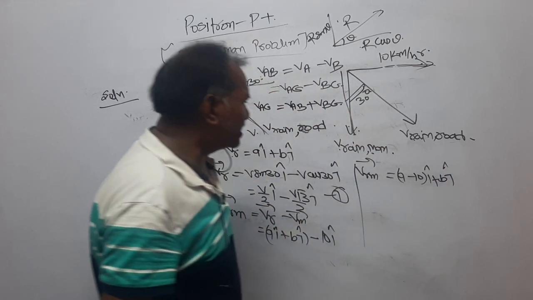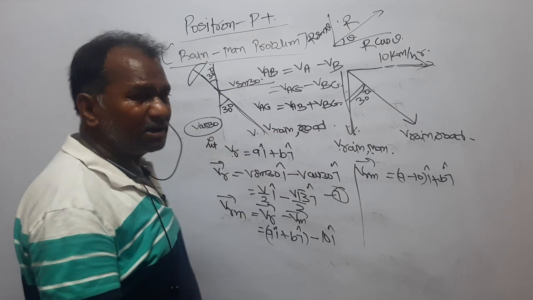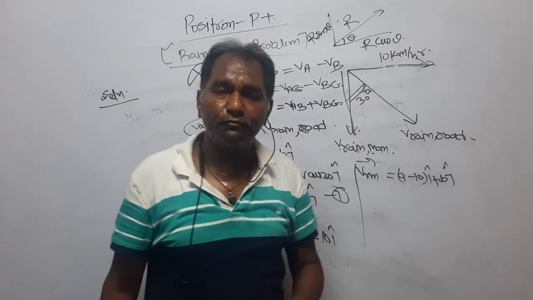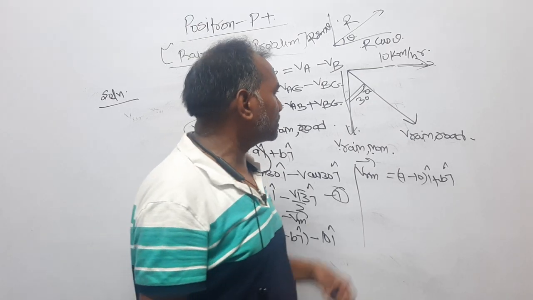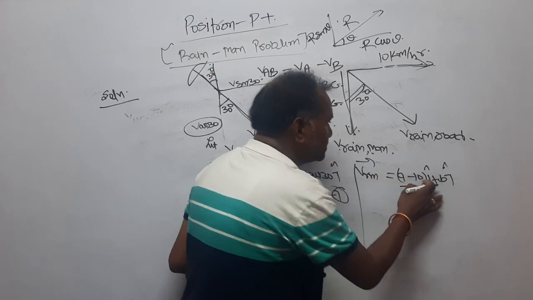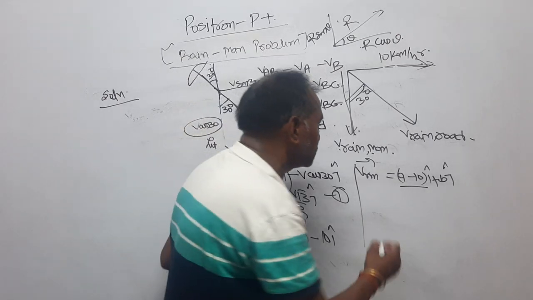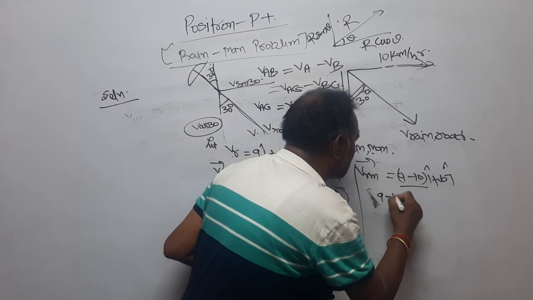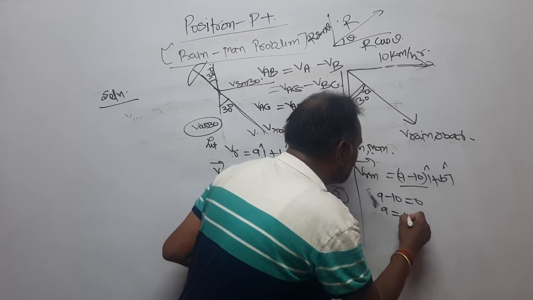Look here, dear student, we have found Vrm. Now the question is saying that when the man begins to walk with the velocity 10 km per hour, raindrops hit him vertically. Raindrops are vertical, means the x component is 0, so A minus 10 equals 0, or A is equal to 10.